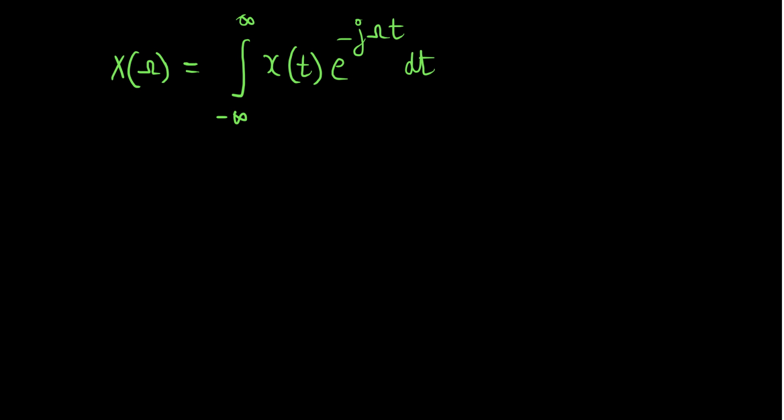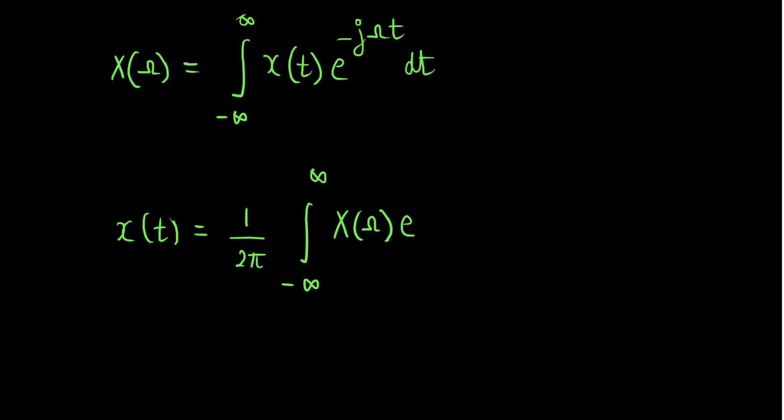This is the expression for X of omega, and we have obtained the expression for x of t. This x of t is going to be 1 upon 2 pi integration from minus infinite to infinite capital X of omega e power j omega t d omega. Now this is what is called as the Fourier transform pair.